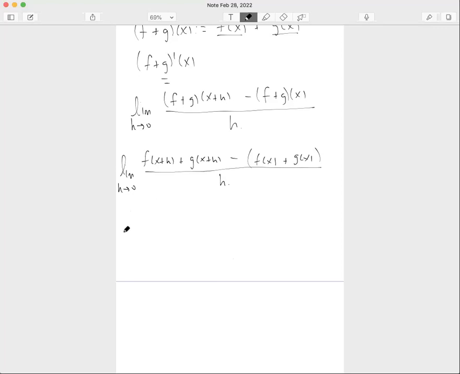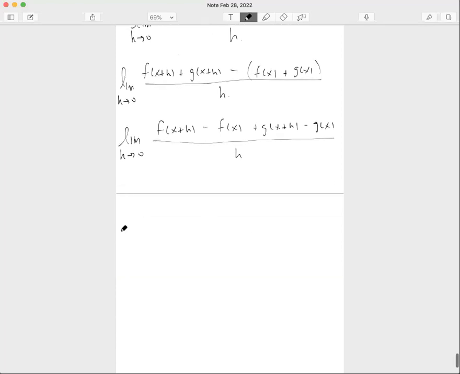Yeah, so let's bring the f's together and the g's together. So notice if I split up the fraction and just use some limit laws, what is this? And what is this?